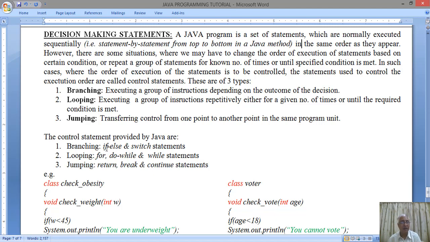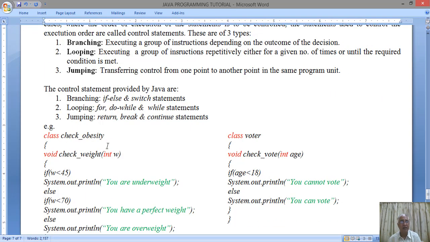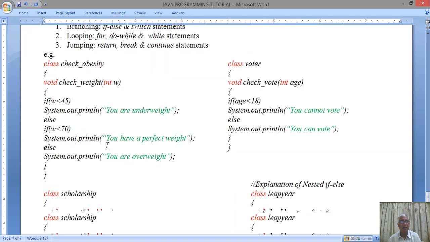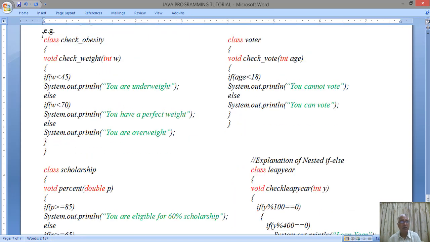So what is if-else? If-else is used where a decision has to be taken, as you can understand from the following program. This program checks obesity, whether a person is underweight, perfect or overweight. Class CheckObesity, void checkWeight, this is a function. int w is taken as an integer for inputting the weight of the person. Then we have a condition: if w less than 45.